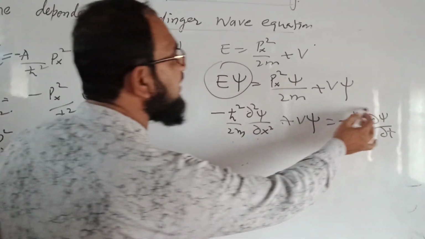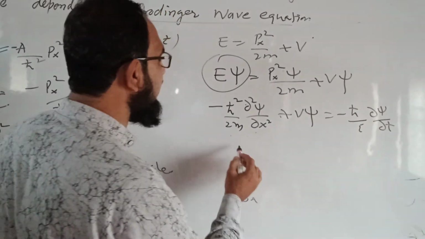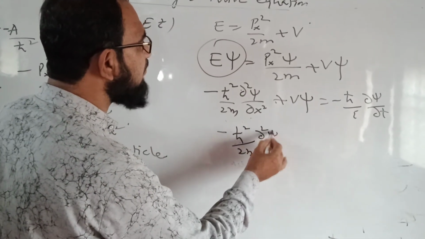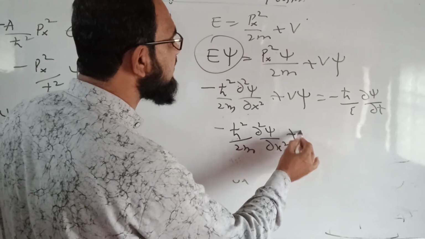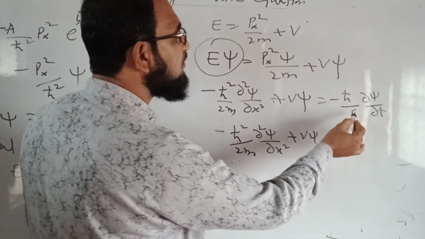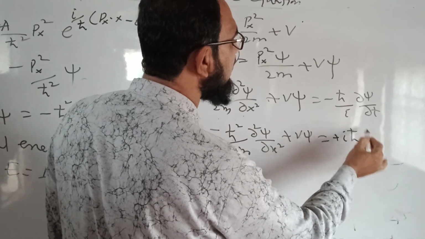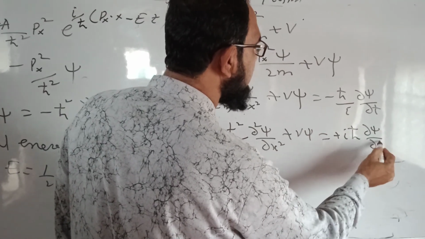Now I will multiply this by i and divide by i, so I will get here minus h cross square upon 2m dou 2 psi by dou x square plus V psi equal to plus i h cross dou psi by dou t.